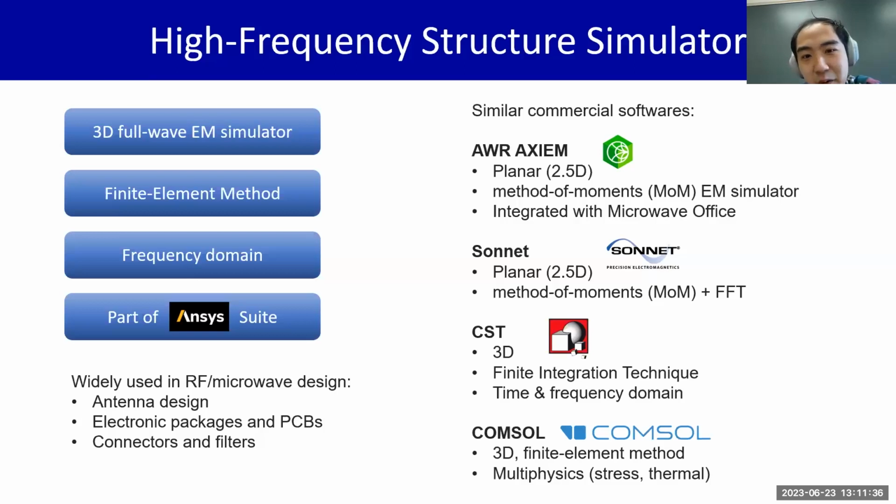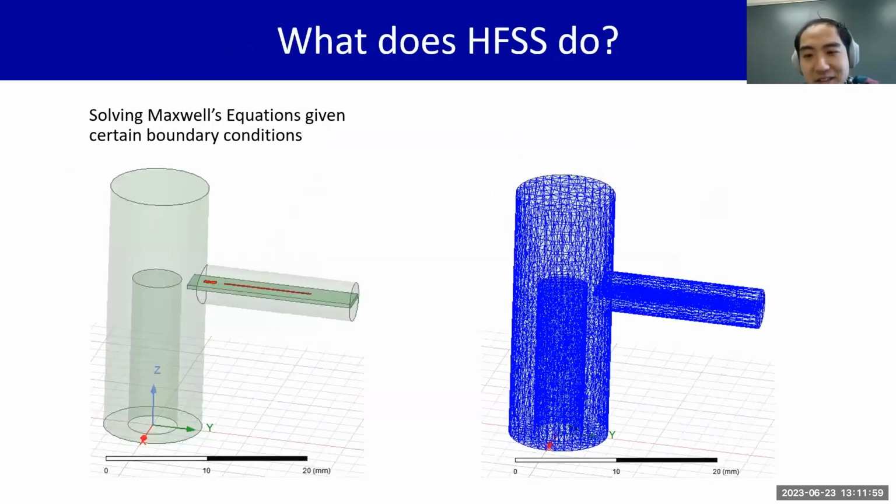But as I said, if you're working mainly with 2D structures, then Axiom or Sonnet is also widely used. Apart from that, I won't say HFSS is really better in terms of precision or anything compared to these. Okay, thanks.